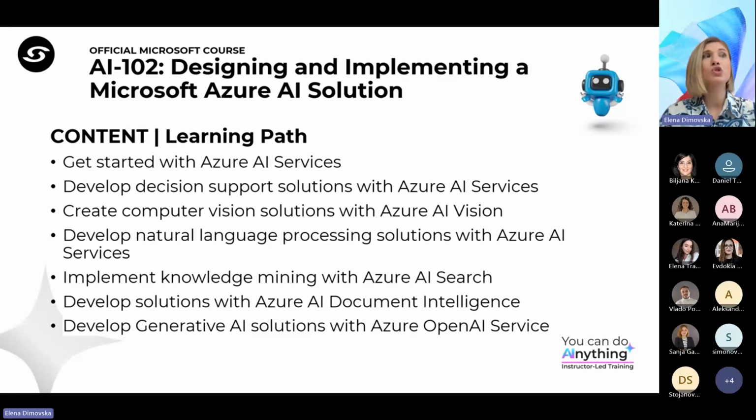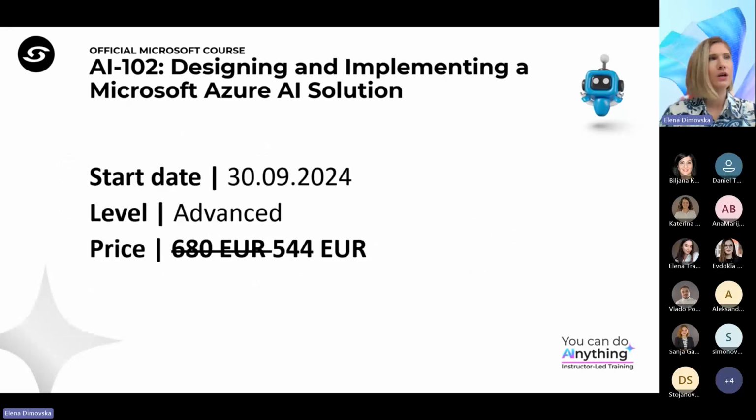Generative AI is not excluded, so you are going to learn about generative AI solutions also, and you can do that on the 30th of September, and the price is 544 euros.